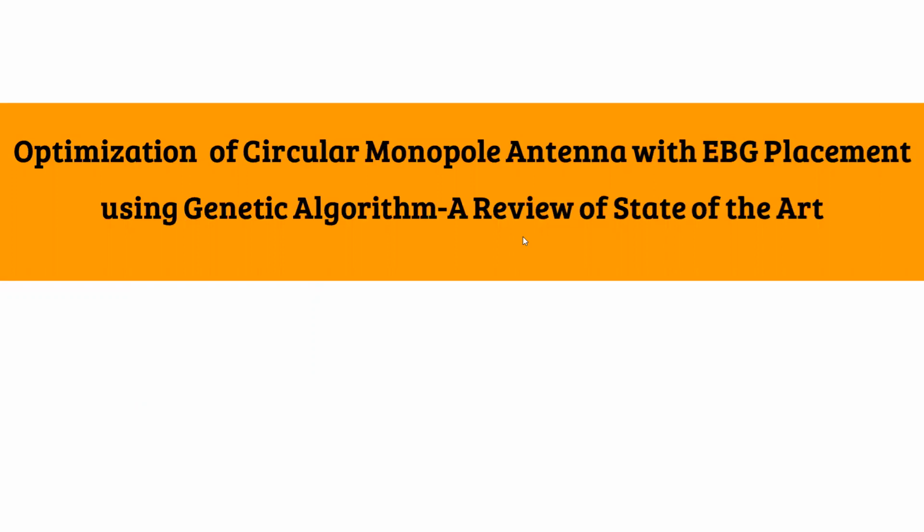So for example, in our syllabus, we have the circular monopole antenna. As we are familiar with how to construct a circular monopole antenna, the parameters are quite improved by EBG, electromagnetic band gap structure placement.